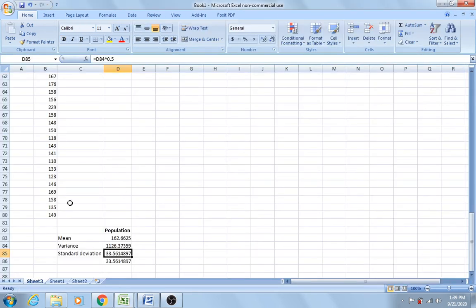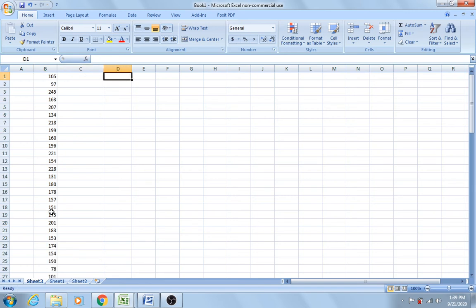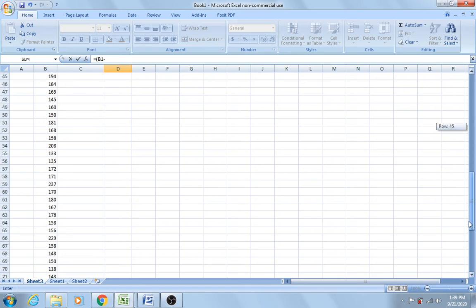Okay, so the first thing that I'm gonna do is calculate the difference between each observation and the mean, and then square them. So this is the first observation minus the mean.